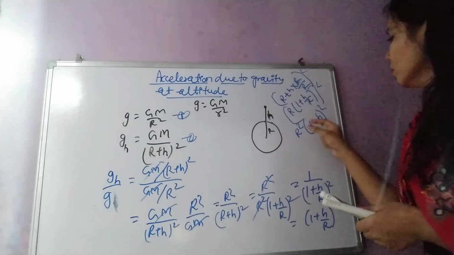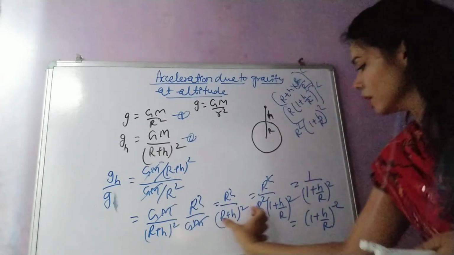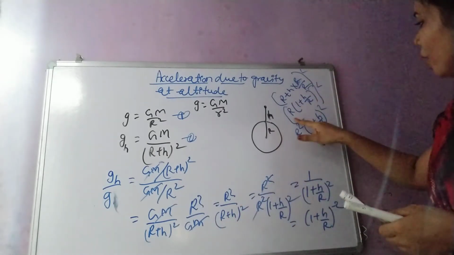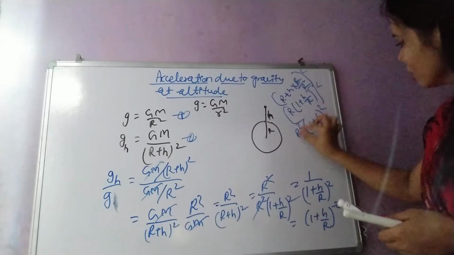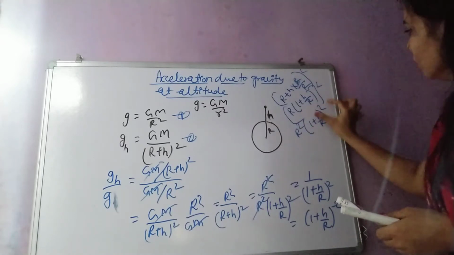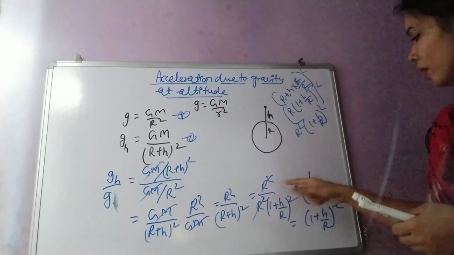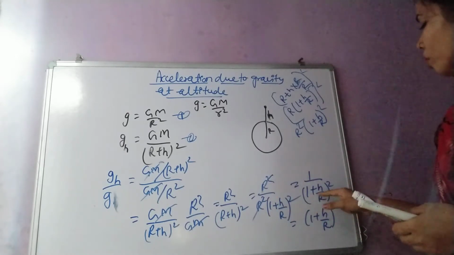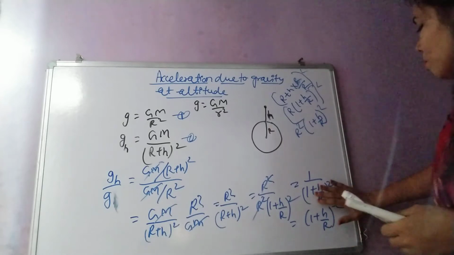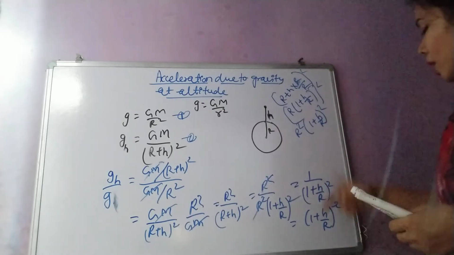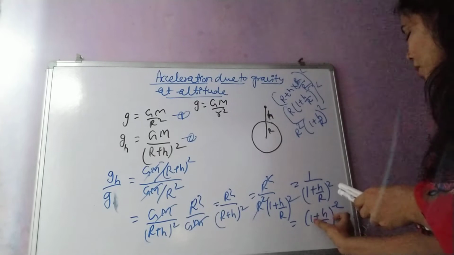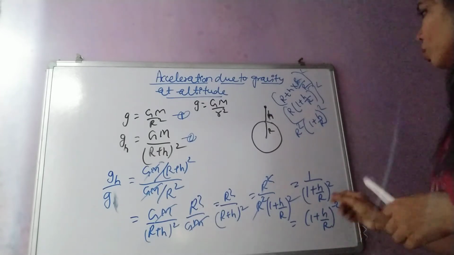Since it is whole square, I am taking the square of it. Now R square is cancelled, and we got 1 upon 1 plus h upon R whole square. This will be reversed, then it will become 1 plus h upon R to the power minus 2.